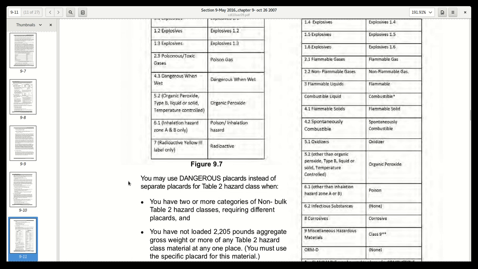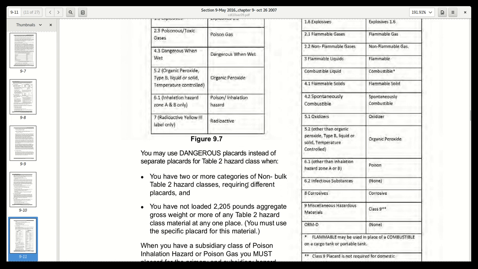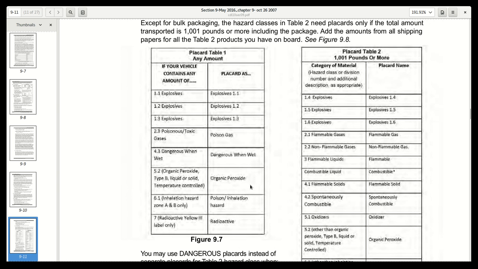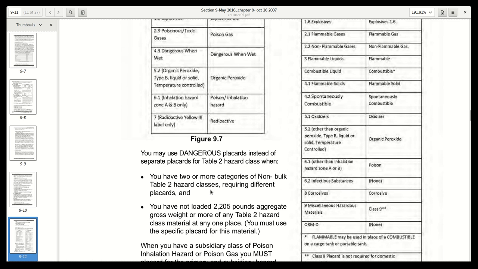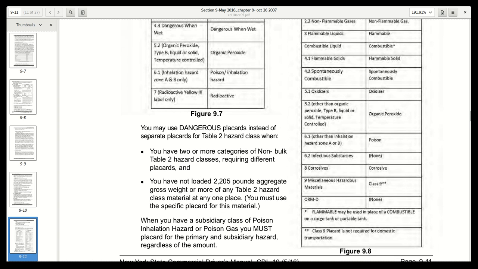You may also use dangerous placards when you have not loaded 2,205 pounds aggregate gross weight or more of any table 2 hazard class material in any one place. You must use the specific placard for this material.